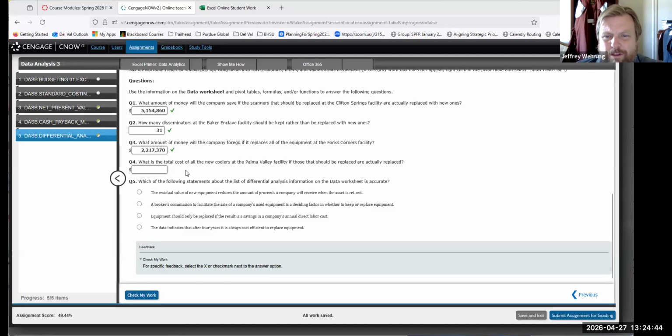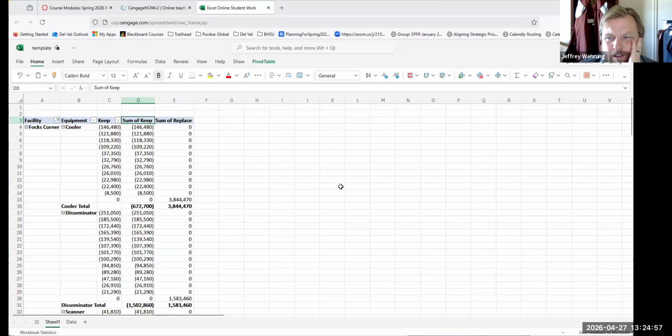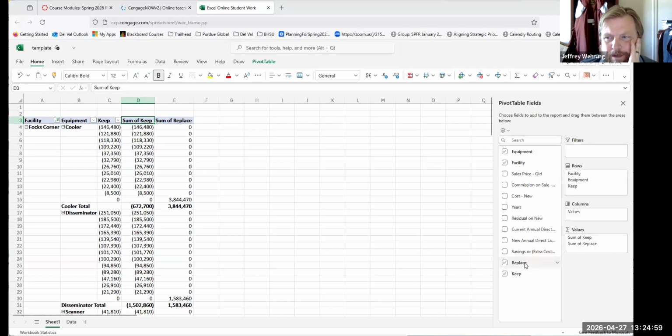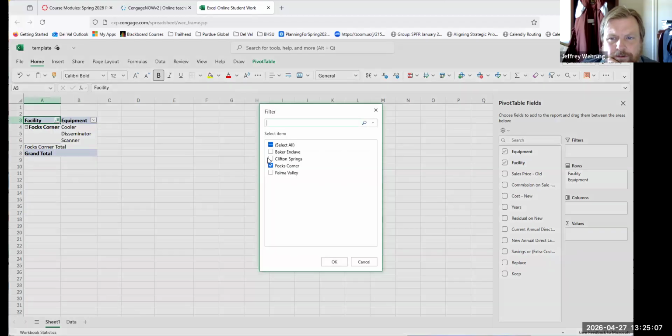Okay, Q4. What is the total cost of all the new coolers at the Palma Valley facility if those that should be replaced are actually replaced? What is the total cost? Wow. Okay. Well, at the very least, let's clear this out. So we are just looking at, I'm going to change the filters.